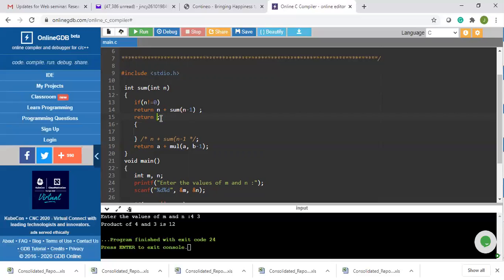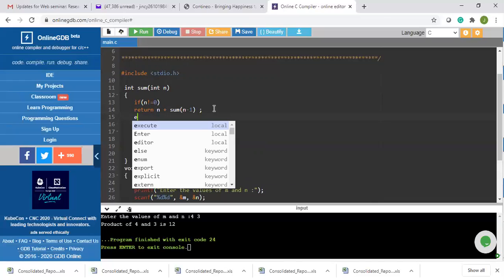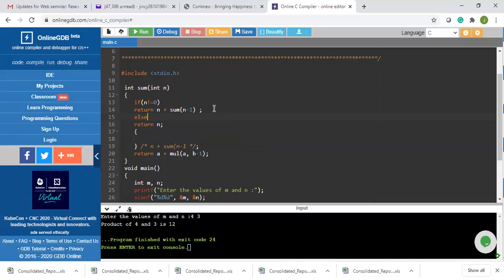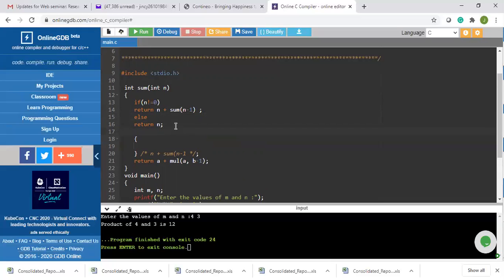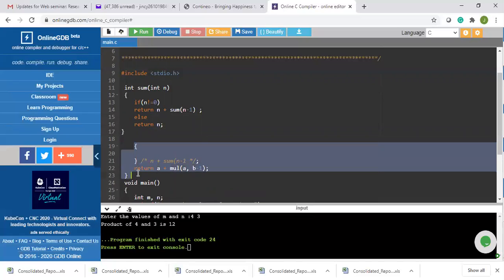It is return n. We have to write if else, and we have to close the bracket. Delete this.